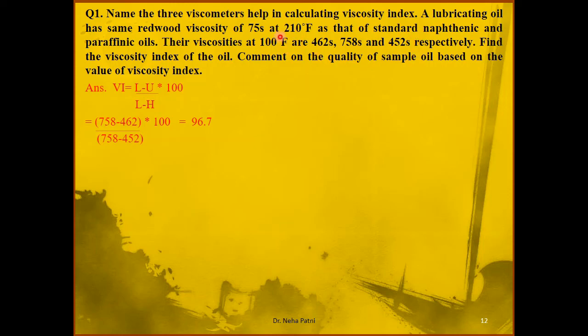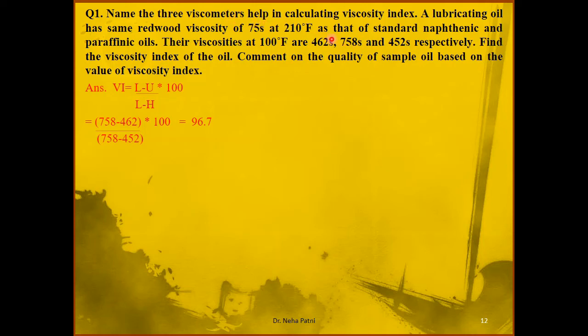See, this oil is giving variation from 462 seconds to 75 seconds, from 100 degree to 210 degree. This oil is varying from 758 to 75 and here 452 to 75. Now obviously this 758 is showing the most variation, from 758 to 75.